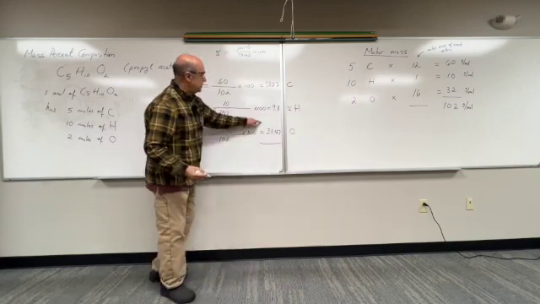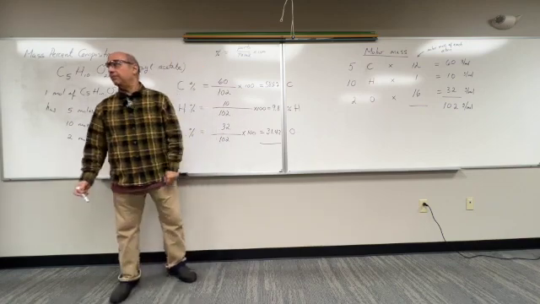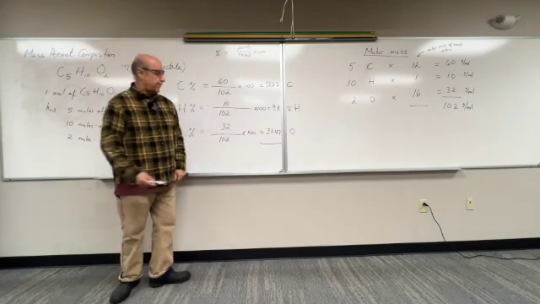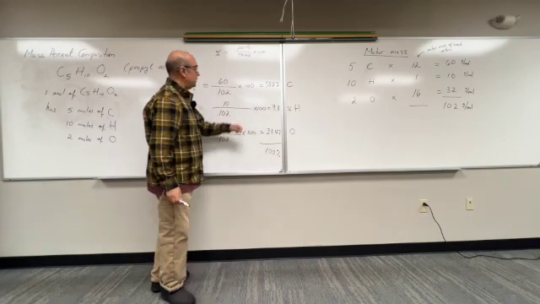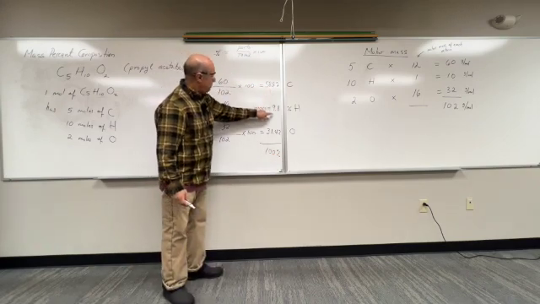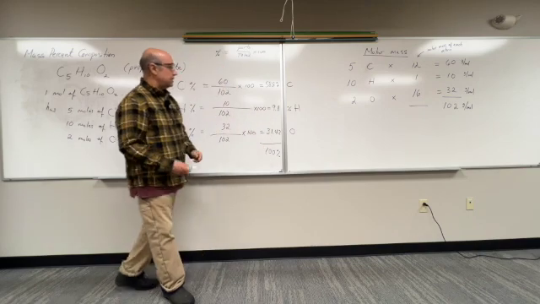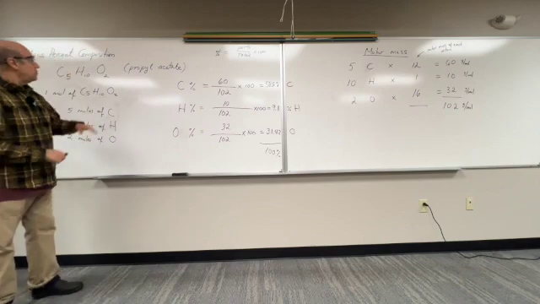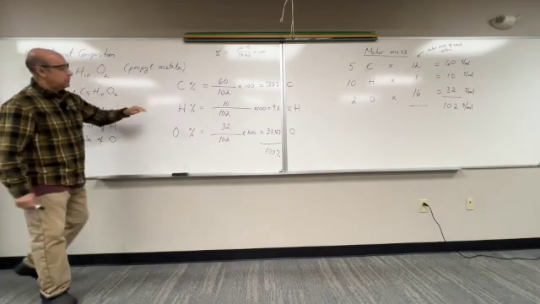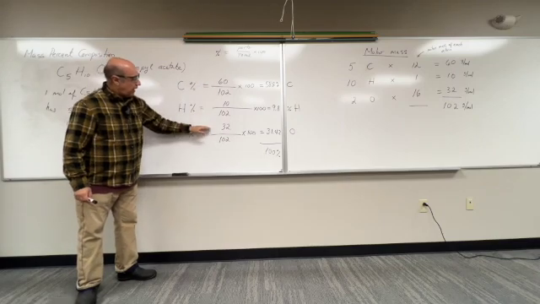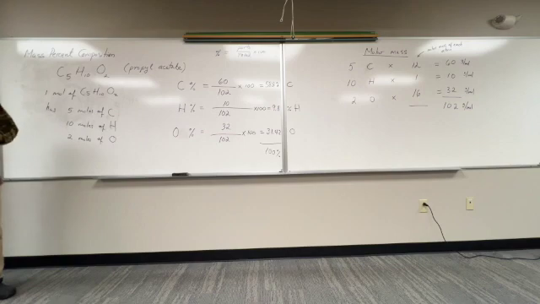If we add these three numbers together, we get 100%. So 58.8 plus 9.8 plus 31.4 gives me 100%. But importantly, you just learned how to calculate the mass percent composition of a very complicated formula.